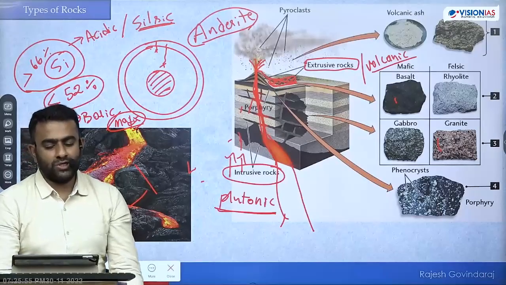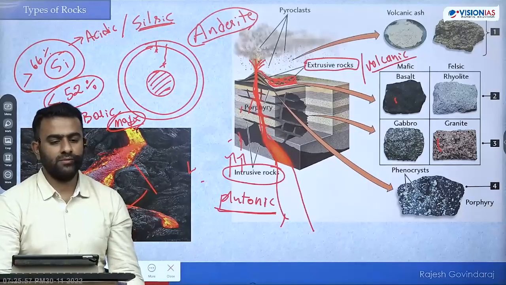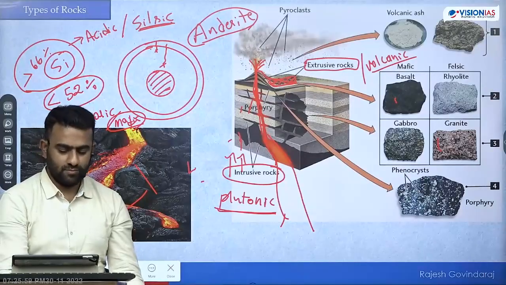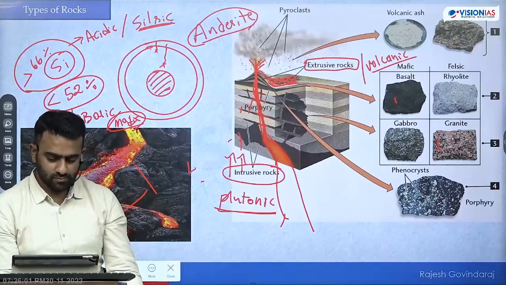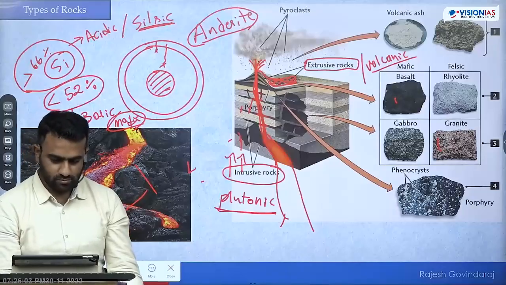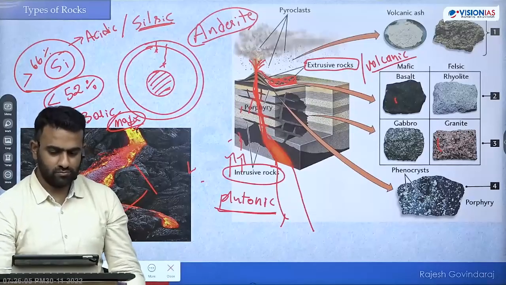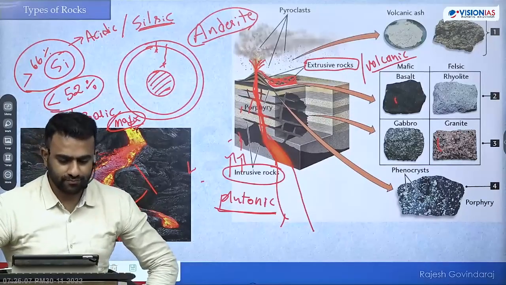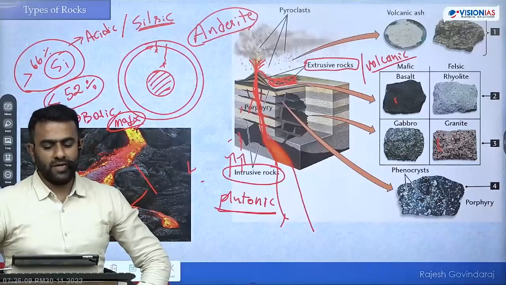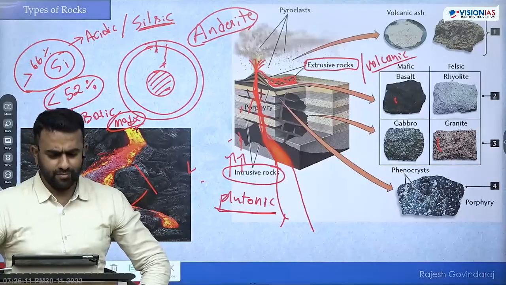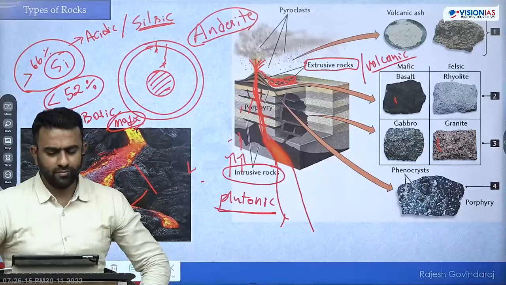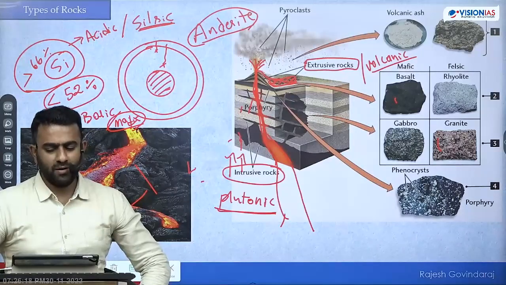Second, extrusive igneous rocks. First point, they are formed from cooling of magma above the Earth's surface.